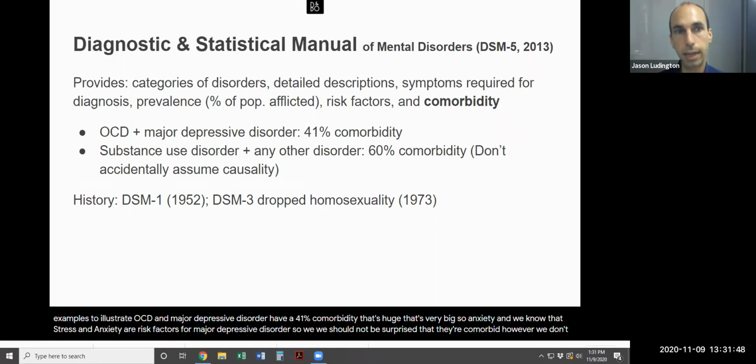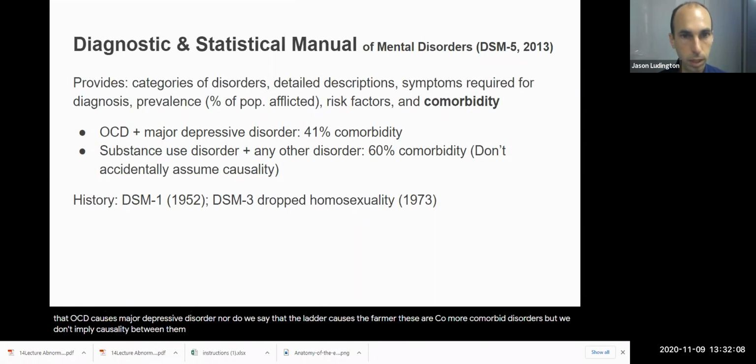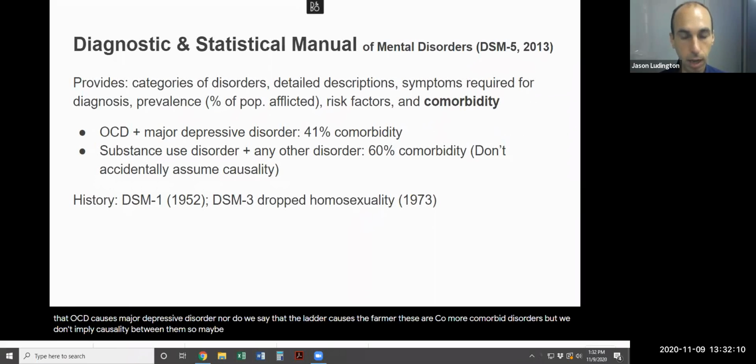However, we don't say that OCD causes major depressive disorder, nor do we say that the latter causes the former. These are comorbid disorders, but we don't imply causality between them. So maybe anxiety is the common cause, the third factor, or maybe something else.